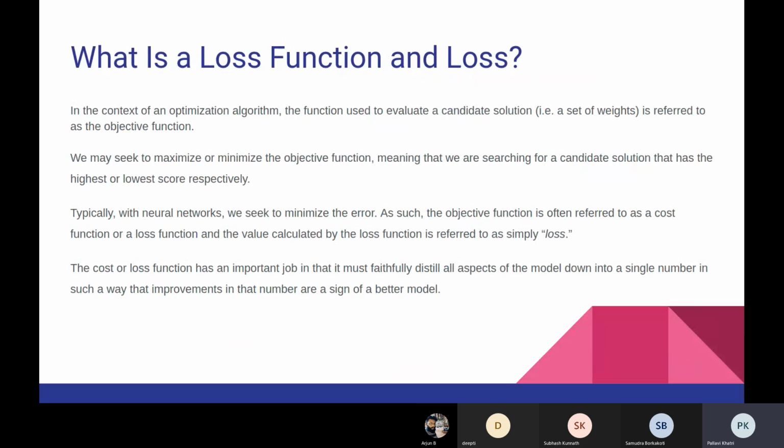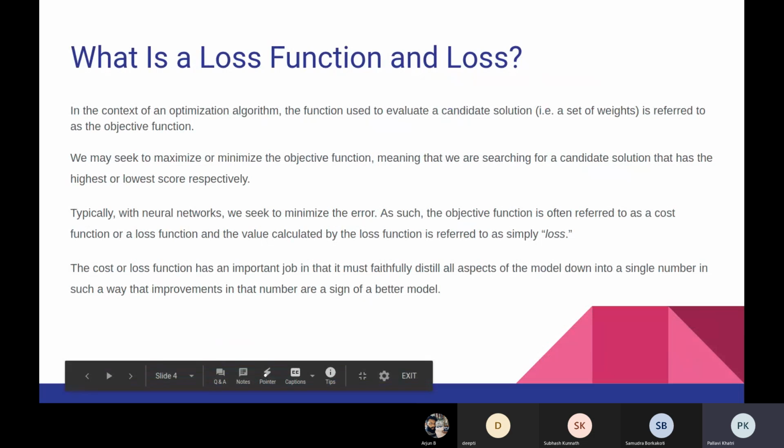Since it's an optimization problem, we can now see what a loss function and the loss are. In the context of an optimization algorithm, the function used to evaluate the candidate solution, that is a set of weights, is represented as an objective function.